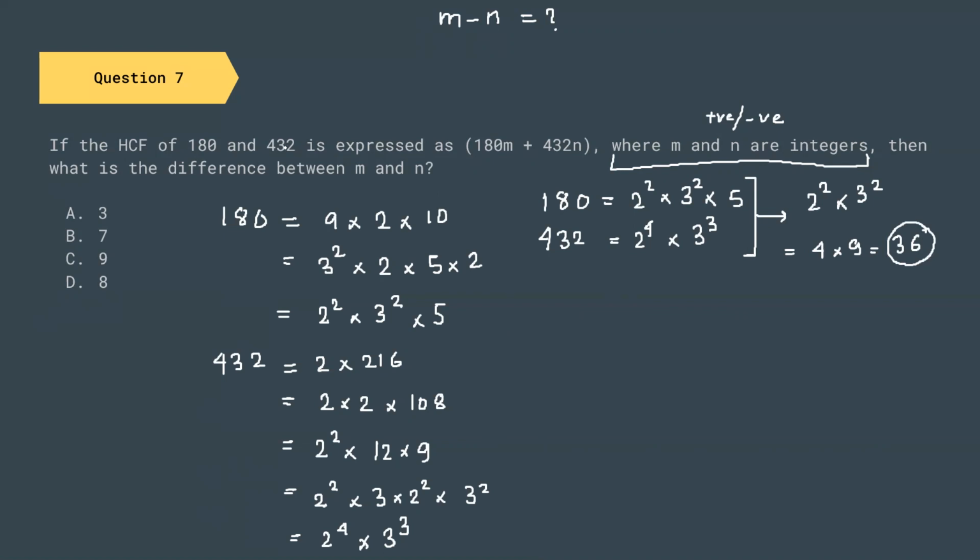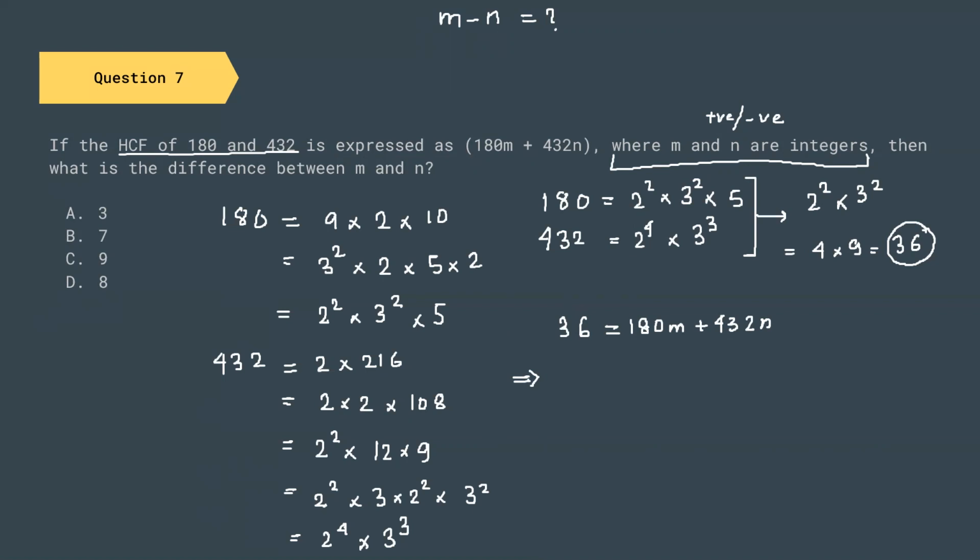Now, what do we know is that the HCF of these two numbers can be expressed as 180m plus 432n. So we can write 36 equal to 180m plus 432n. So now let us check if 36 can divide 180 or not.